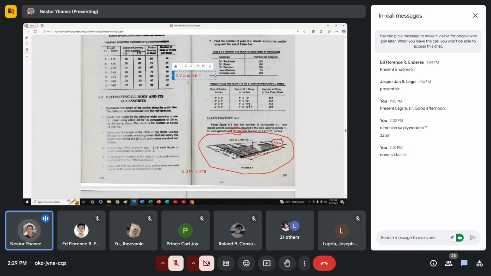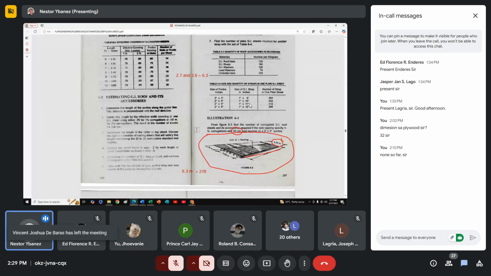The total is 6.3, but the 0.3 is the overlap, so the total is 6 meters. That fits, so we use 2.7 and 3.6.